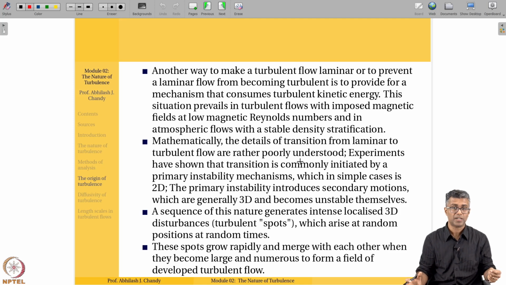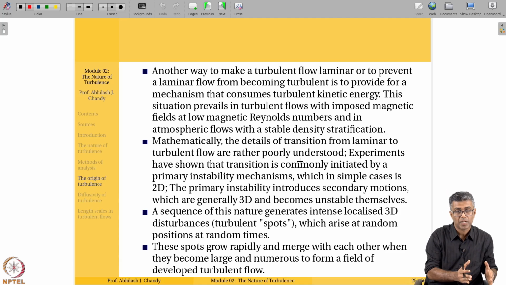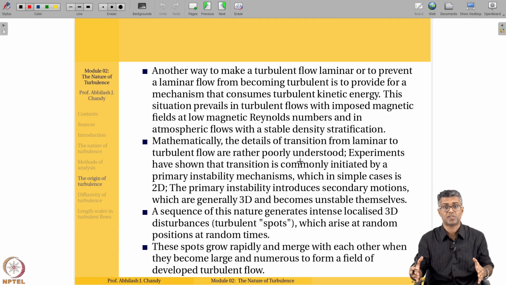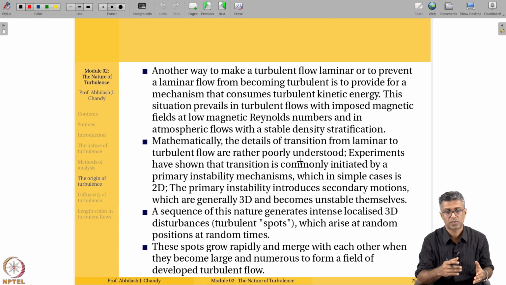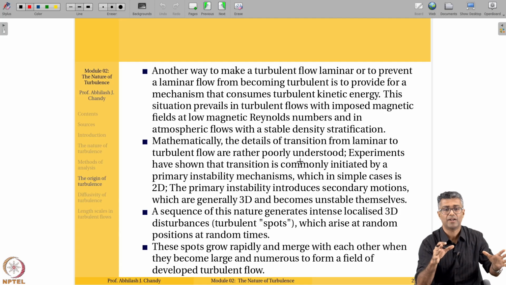But the instabilities in some cases could be just 2D. So in this sequence, instabilities are created, and they create 3D secondary motions. These are localized disturbances. We also call them turbulence spots. And they arise in random positions at random times.